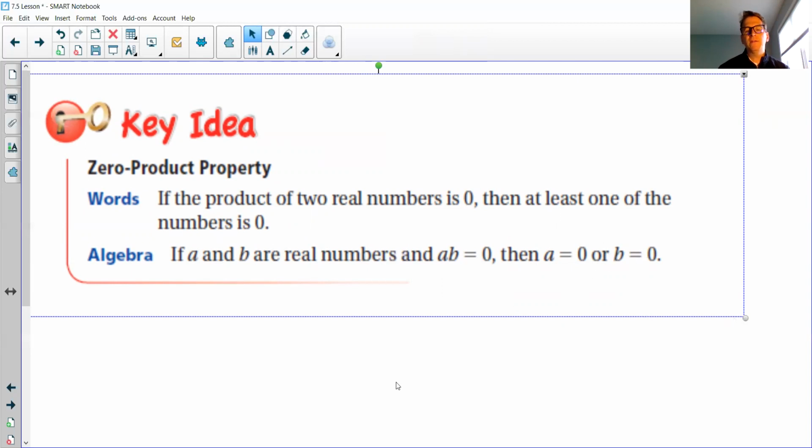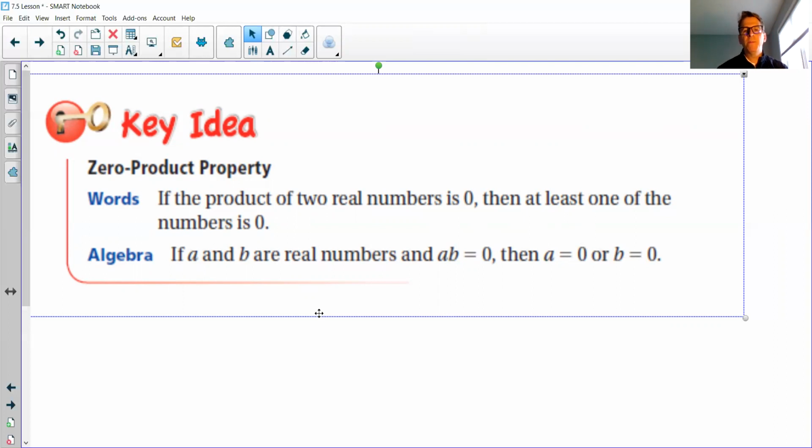This makes sense: if two numbers multiplied together equal 0, one of them has to be 0.